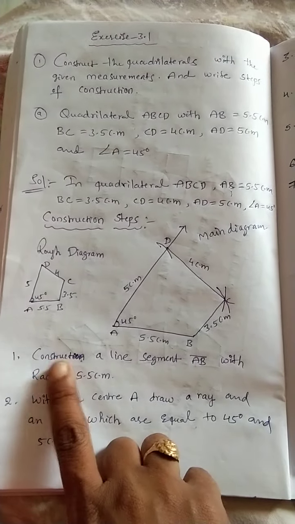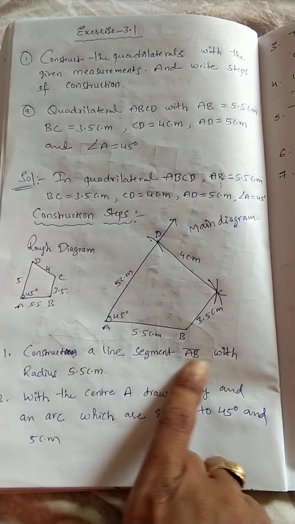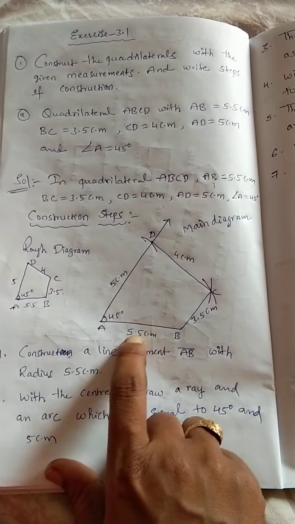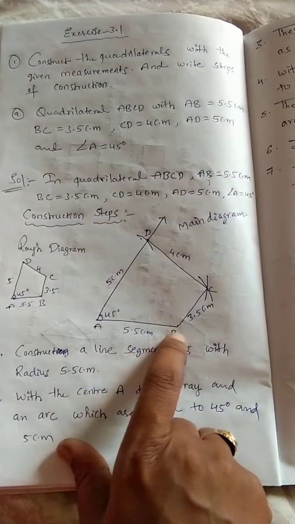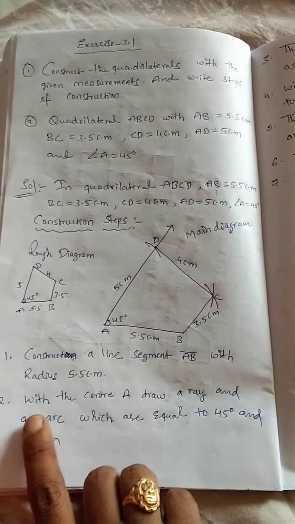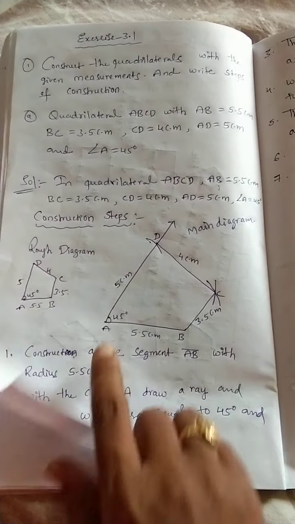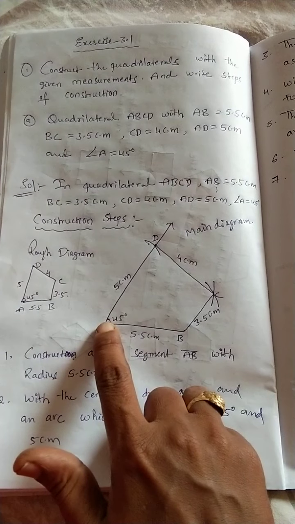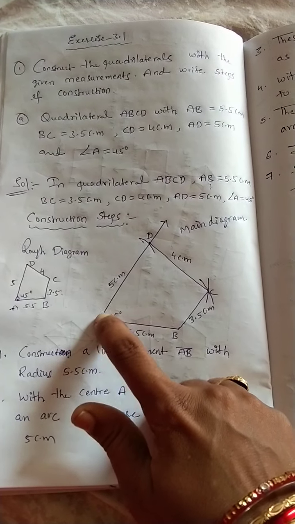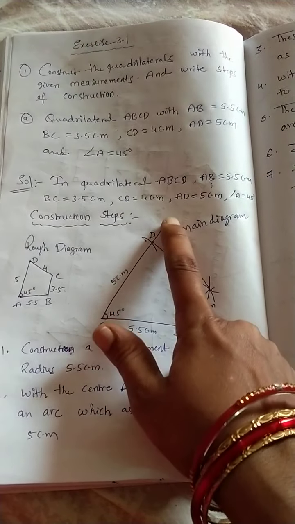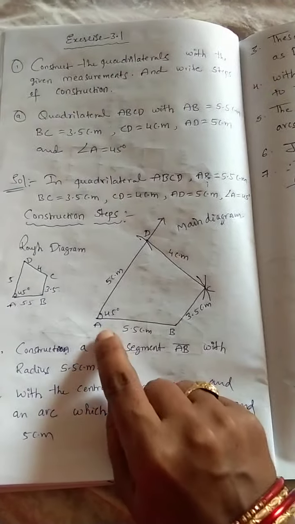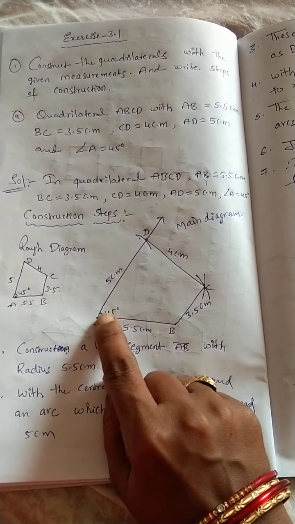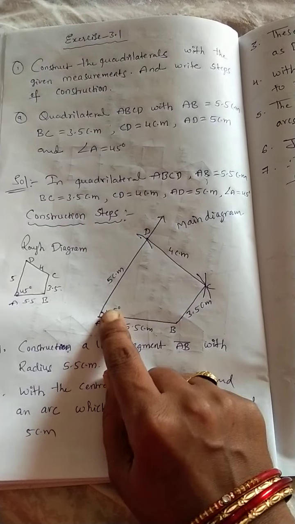See, first line: construct a line segment AB with length 5.5 centimeter. This is the AB line segment. And next point, with the center A, I told you, with the center A you have to draw a ray. This is a ray. Why? Because when an angle is given we call it a ray.